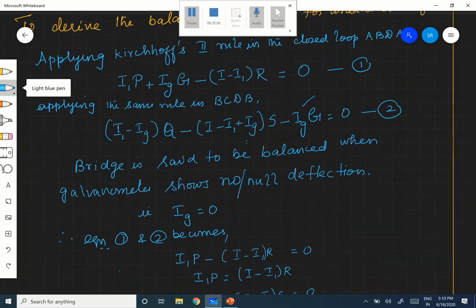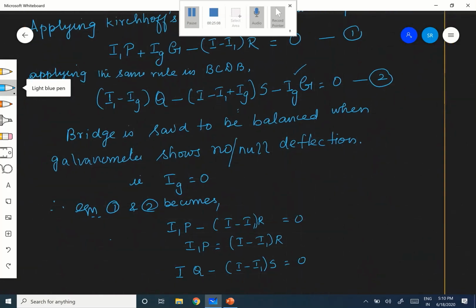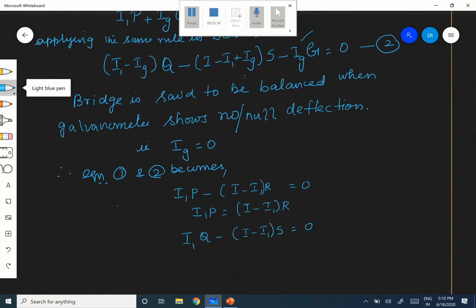Therefore, you will get I1 into Q equal to (I minus I1) into S. Let this be equation number 3 and this is 4. Are you following? Just by putting IG equal to 0, equations 1 and 2 become like this.